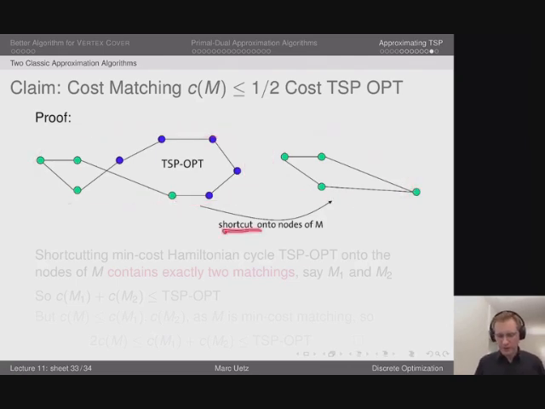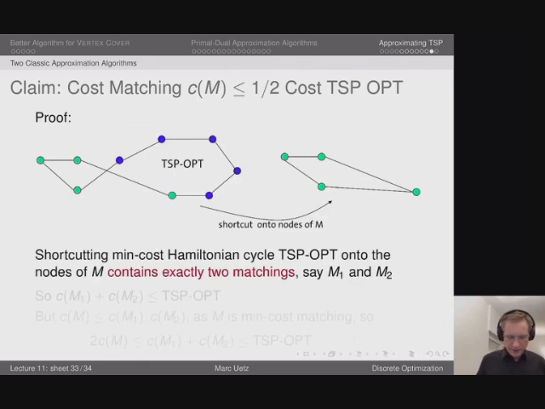That's again the shortcutting argument. Notice that this uses edges which are not present here, but due to the shortcutting argument and the fact that we have a metric, this is still okay. This is still true.